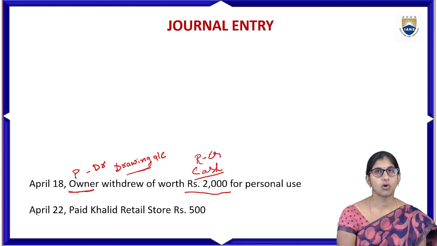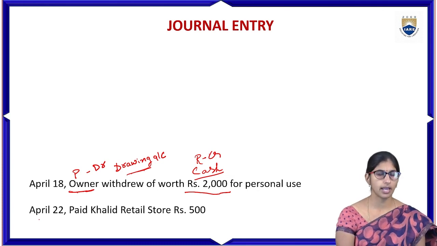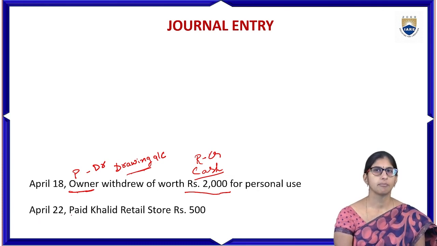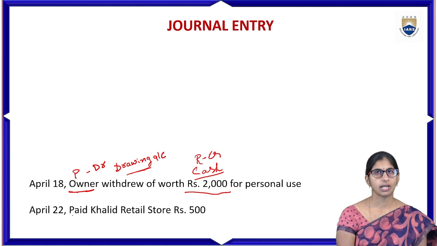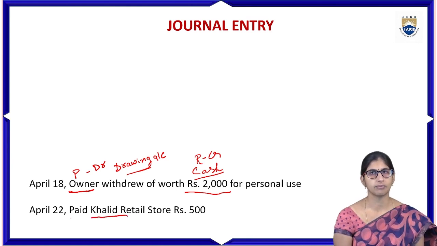And now let's move on with the next entry, that is April 22nd, paid Khalid retail store rupees 500. So what are we paying? First of all, identify the important item, that is Khalid retail store, which is a personal account item.